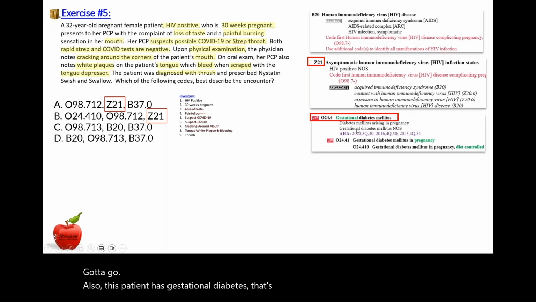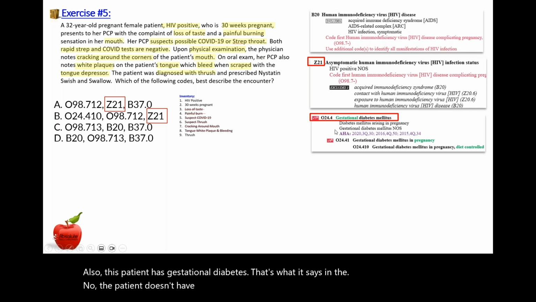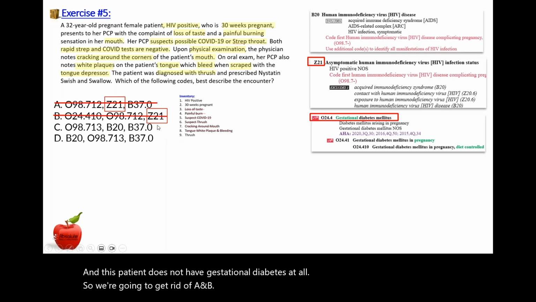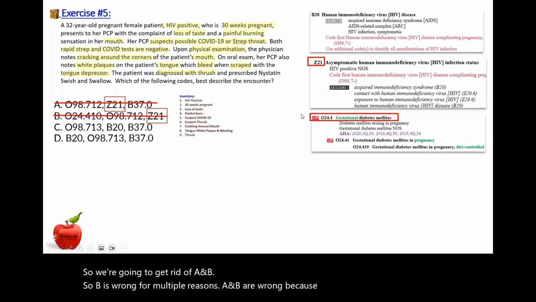No, the patient doesn't have it, excuse me. Option B is coding for gestational diabetes, and this patient does not have gestational diabetes at all. So we're going to get rid of A and B. B is wrong for multiple reasons. A and B are wrong because they're coding for asymptomatic conditions.